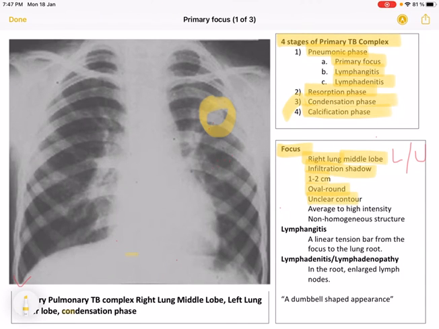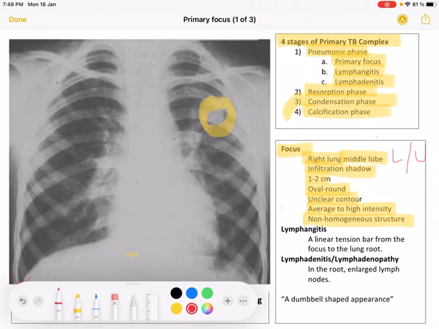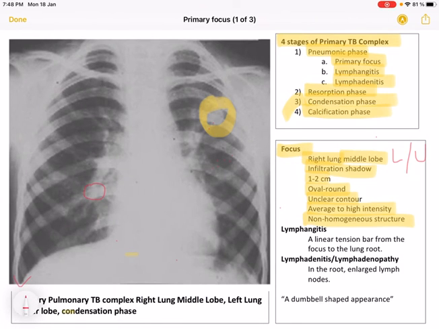Unclear contour, the borders are still unclear. It is not completely calcified. That's why we can say that the borders are not so clear. The intensity is average to high intensity, and it is still a non-homogeneous structure, because we cannot say that the whole structure in the foci is similar to this.